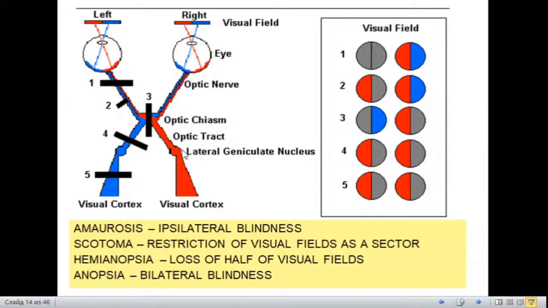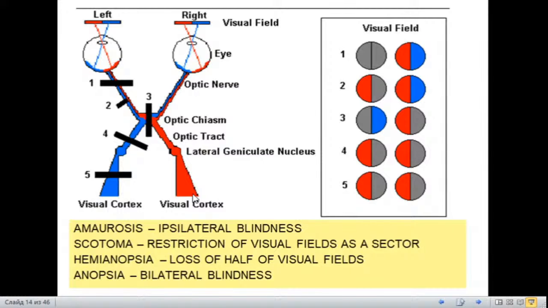And from the main subcortical center, which is the lateral geniculate body, axons form the optic radiation. It is known also as Gratiolet radiation, and it terminates in the visual cortex, which is found in the occipital lobe on either side of the sulcus calcarinus.